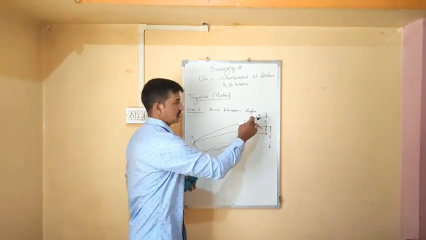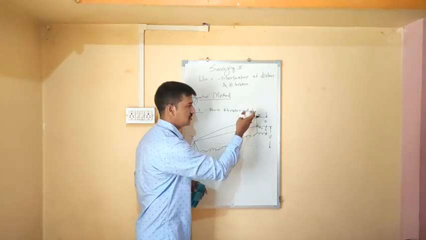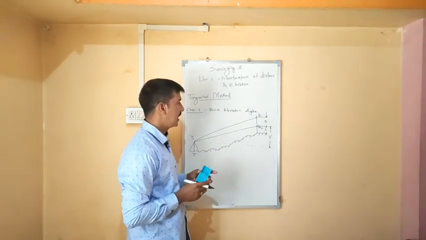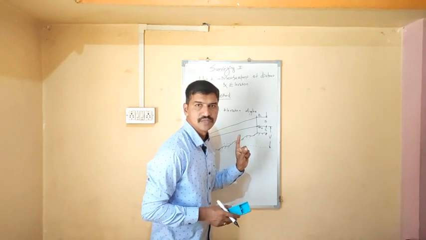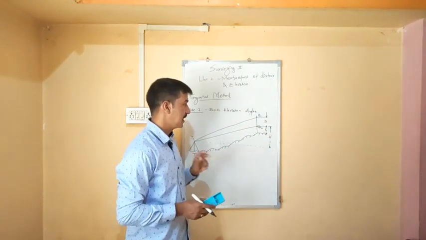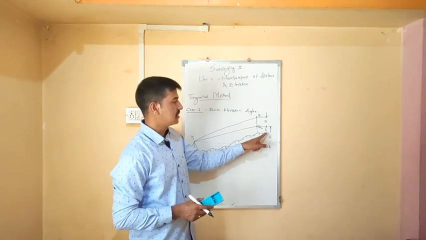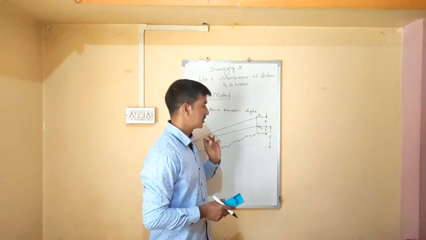Now this staff consists of two targets B1 and B2, and the distance between B1 and B2 is nothing but your S, the staff intercept. Next, from the lower target B2 to the ground, that is your height H.